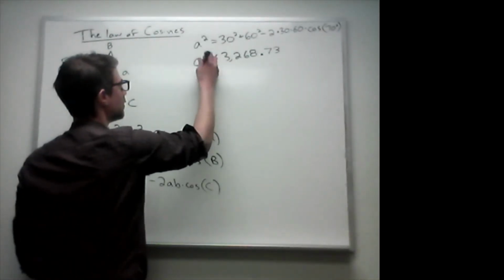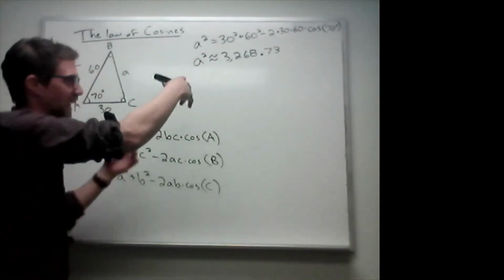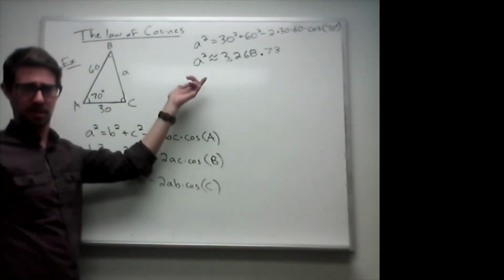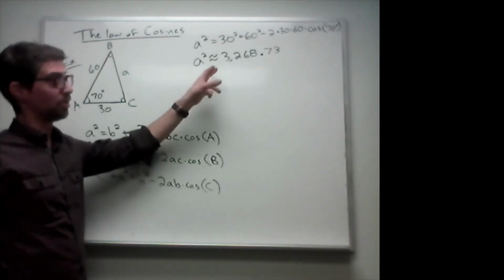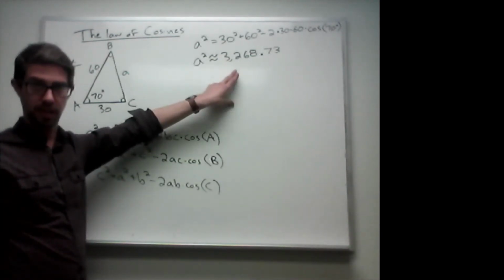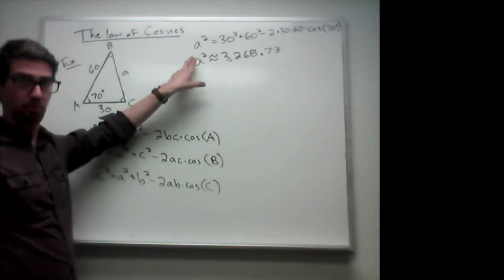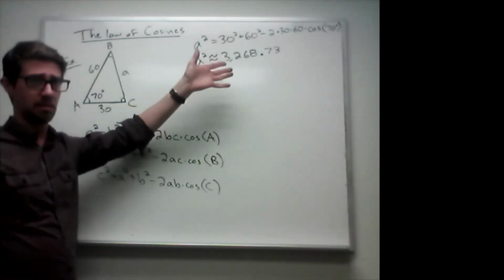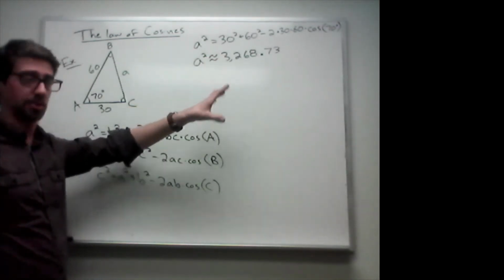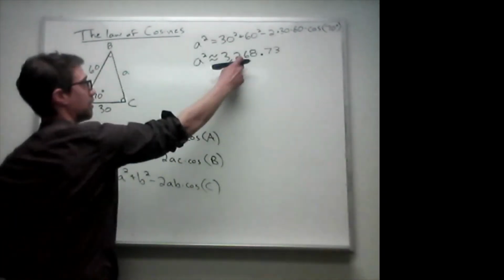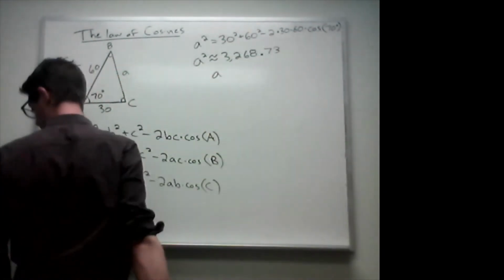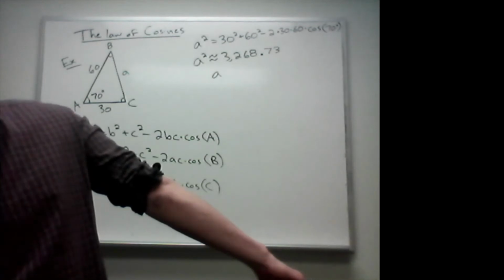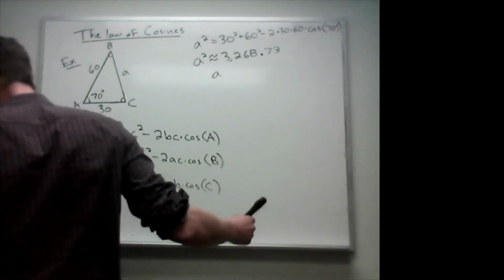But again, you're really not going to write it down. You're just going to do it on your calculator. Just type square root of the answer, and you will get an exact figure. You can really jump right from here to the answer without showing any work. Just use your calculator. Okay, so when I square root that thing, I don't need to worry about plus or minus, obviously, because this is geometry and it has to be positive. You get about 57.17.